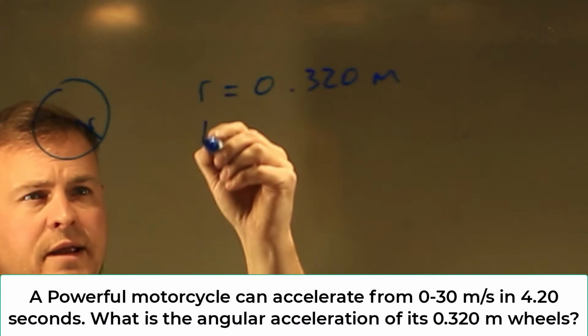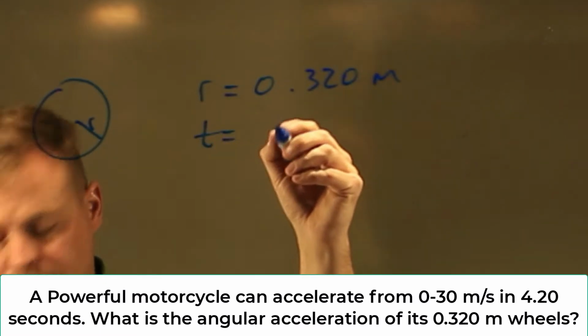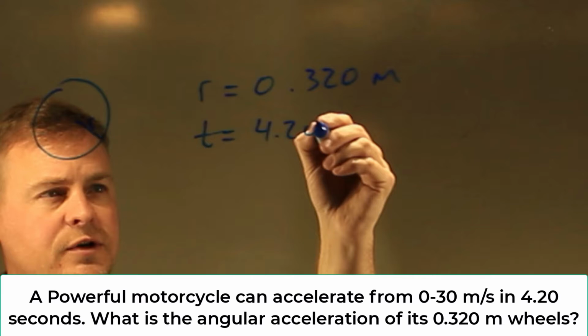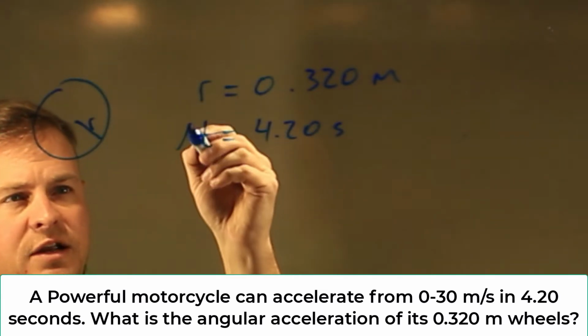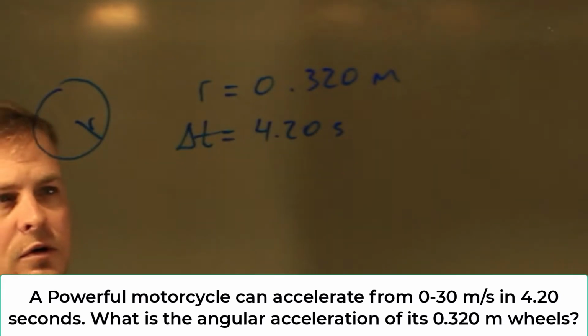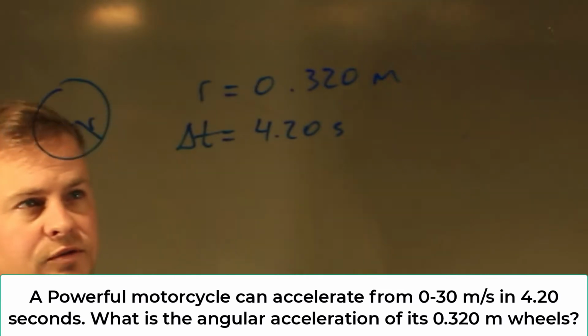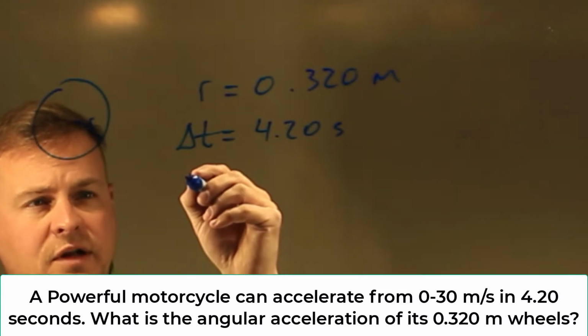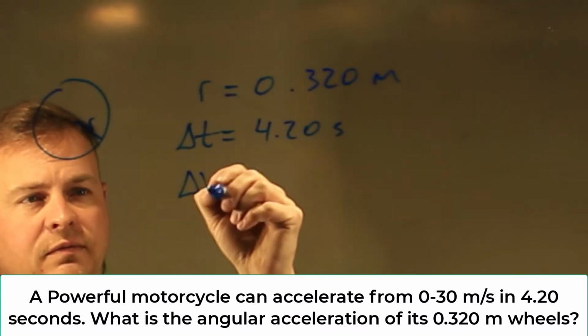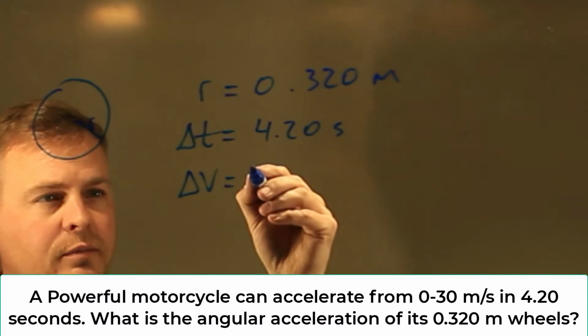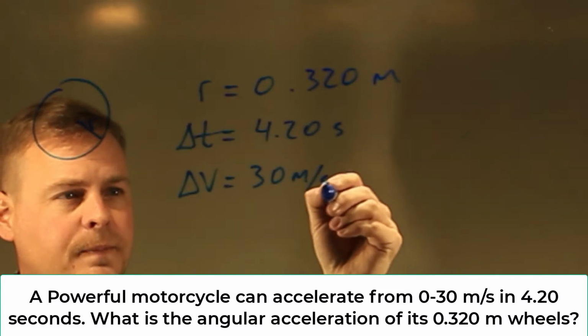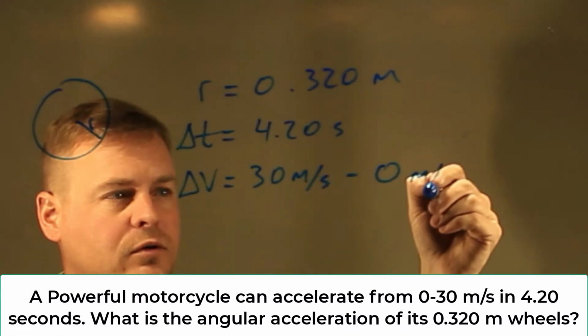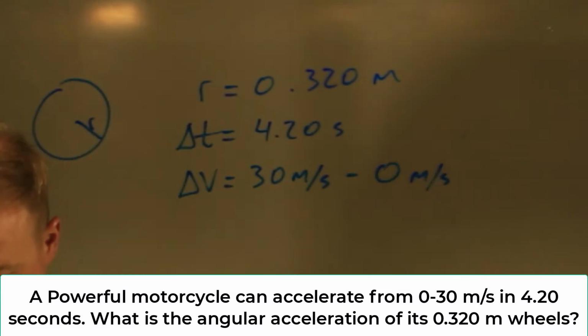It gives me a time increment of 4.20 seconds. That is the change in time, starting from 0, with a final time of 4.20. The change in velocity goes from 0 meters per second to 30 meters per second.